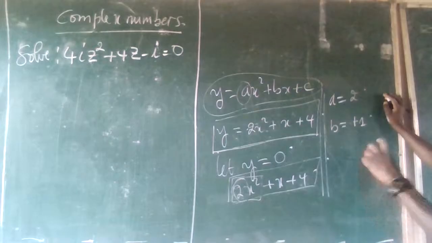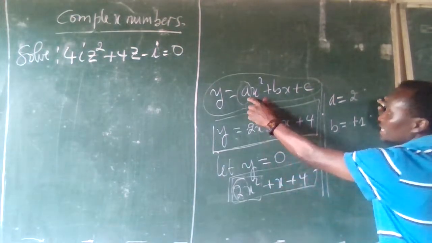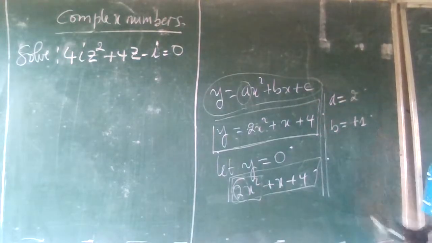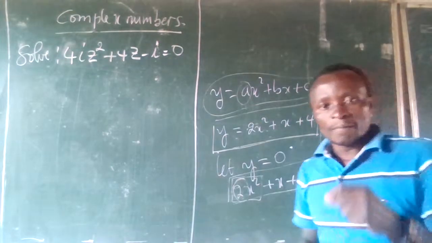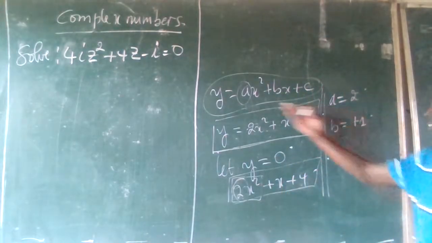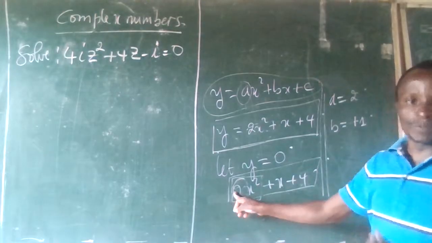This means that when we are writing these letters a, b, and c, it is better to write them with their signs. If a has a positive sign, you have to write that positive sign.